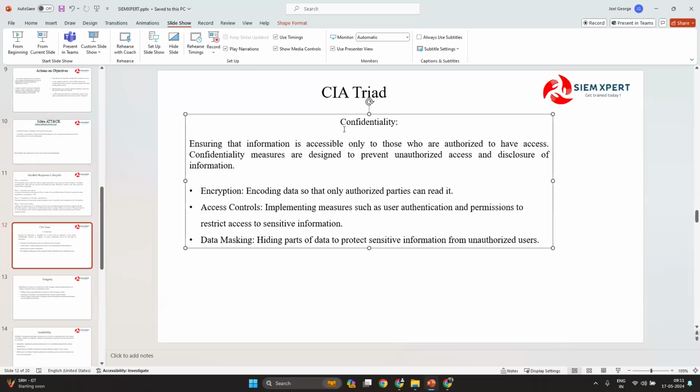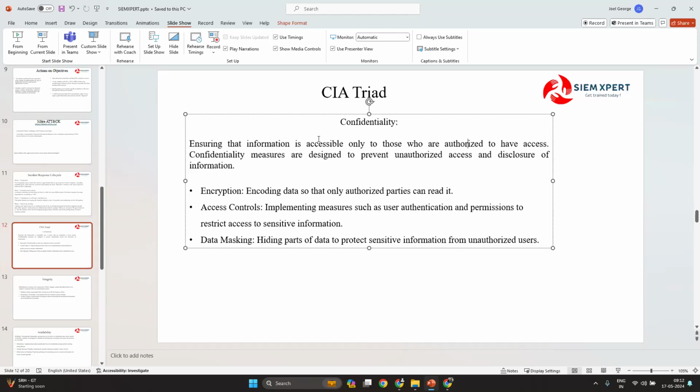And what does confidentiality mean? By definition, it means that a certain set of information is only accessible to people who are required to know it on a need to know basis, or who are authorized to have access to it.